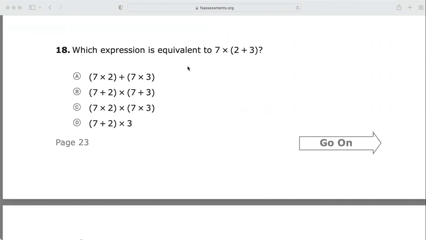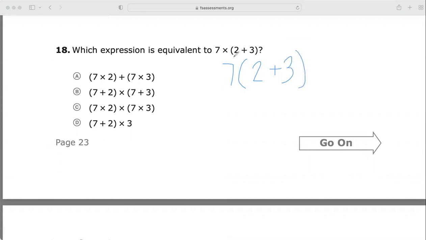All right, which expression is equivalent to, the same as, equal to 7 times 2 plus 3? So how would you go about solving that? I think what's throwing me off is this X right here, because in middle and high school, we don't use an X for a multiplication sign. So I'm going to rewrite it like this. It may look more familiar to some people this way. 7 times 2 plus 3.